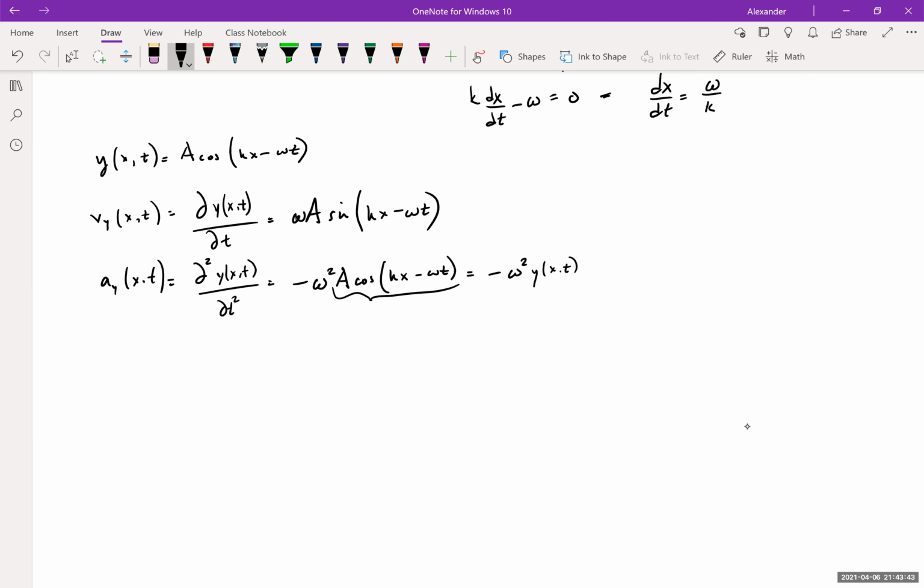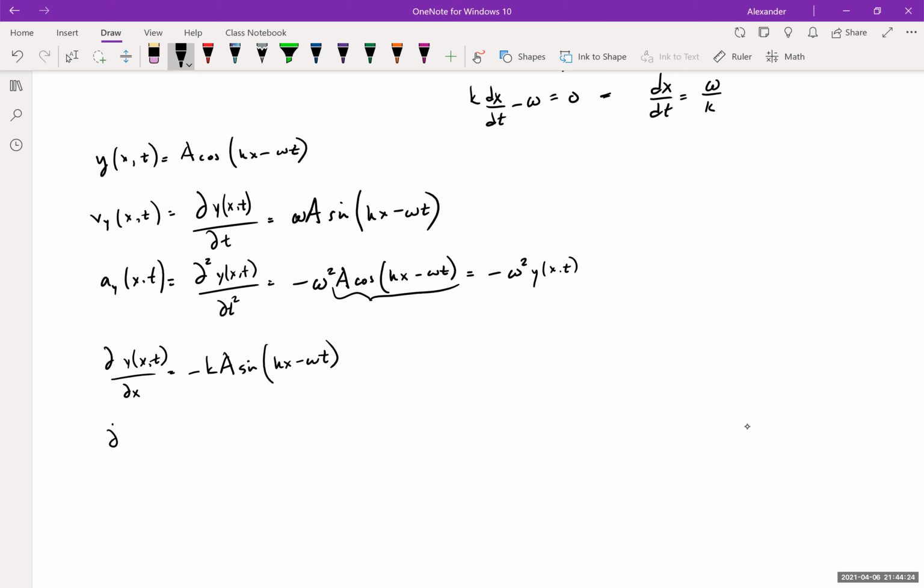Suppose that instead of partial derivatives with respect to time, we took partial derivatives with respect to x. Negative ka sine kx minus omega t.